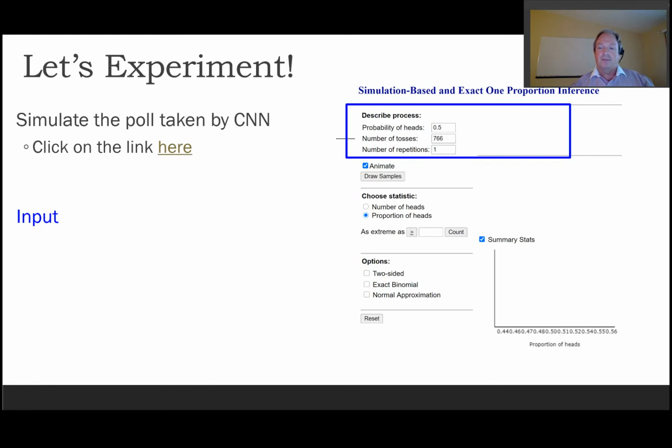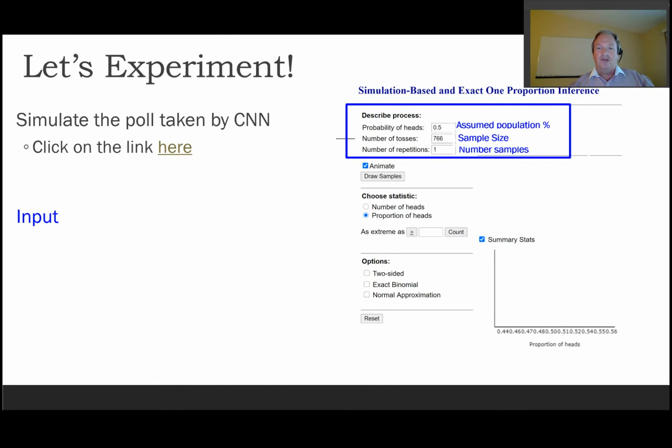So I can model it by a coin flip. I'm going to assume the population percentage is 50%. This is my sample size. It's a number of tosses, and I only want one sample.